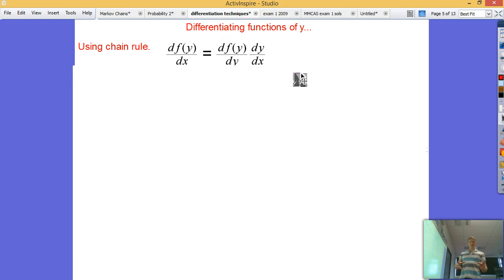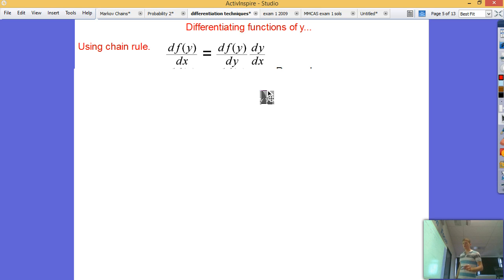So now, next step is looking at what happens when we differentiate functions of y. This is when the chain rule comes in. Okay? So our d f(y)/dx, trying to differentiate with respect to x doesn't work, so we have to use the chain rule. First differentiate with respect to y, then multiply by that dy/dx.